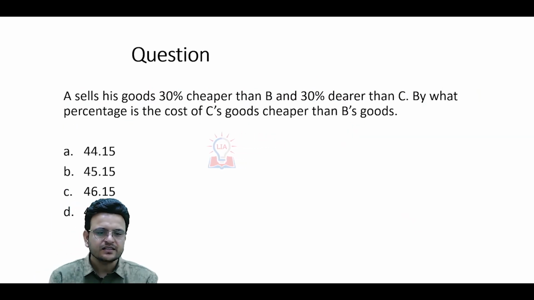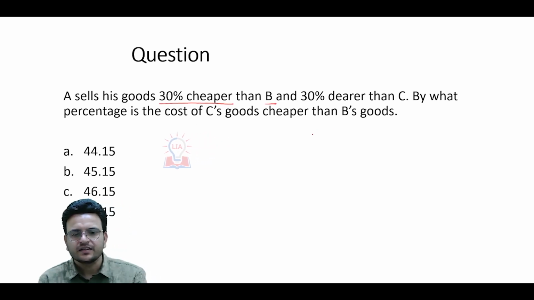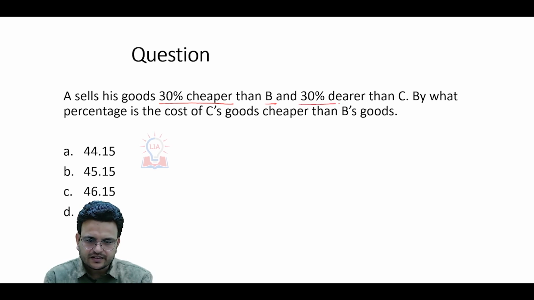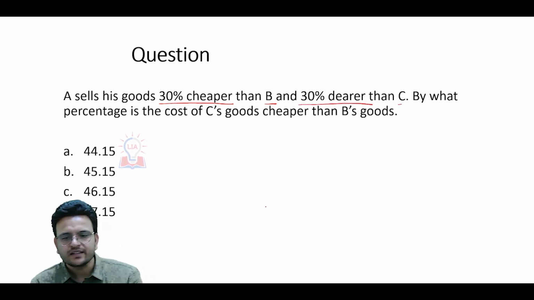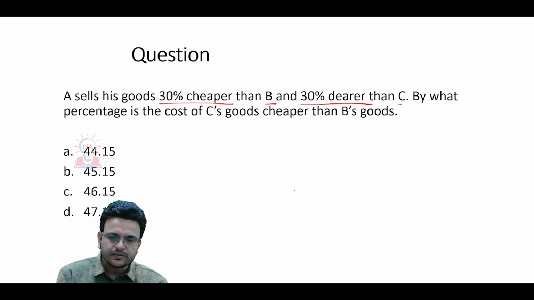A sells his goods 30% cheaper than B and 30% dearer than C. By what percentage is the cost of C's goods cheaper than B's?